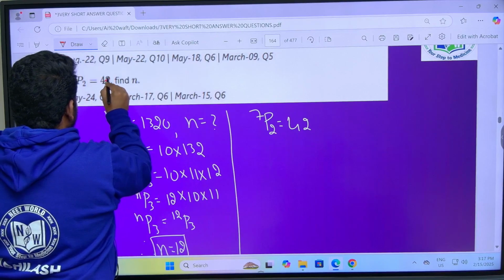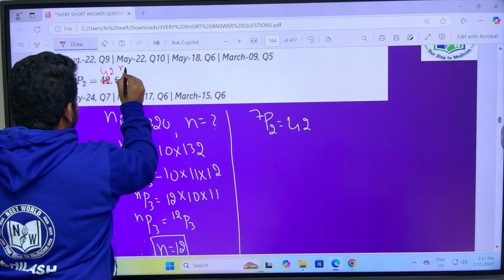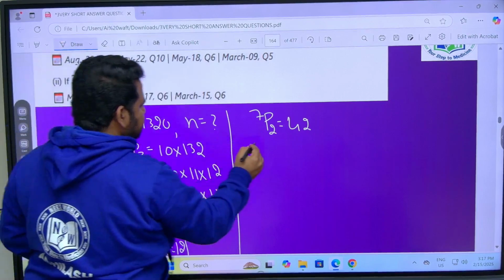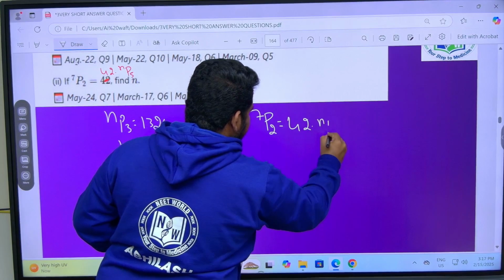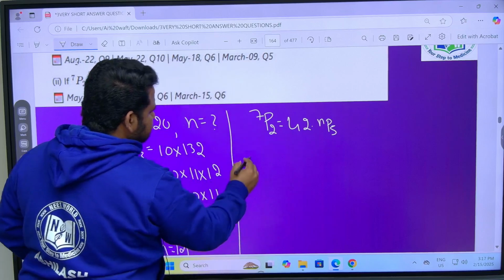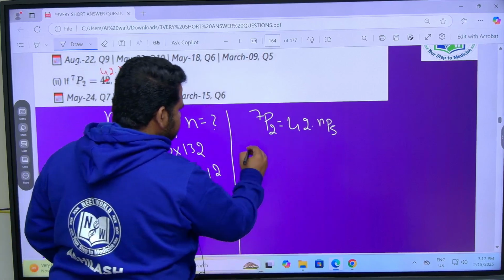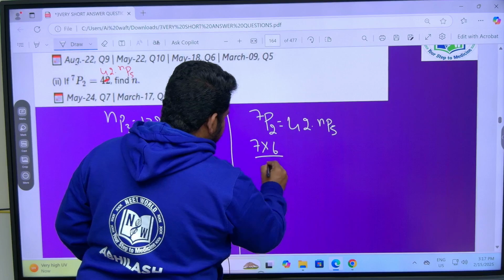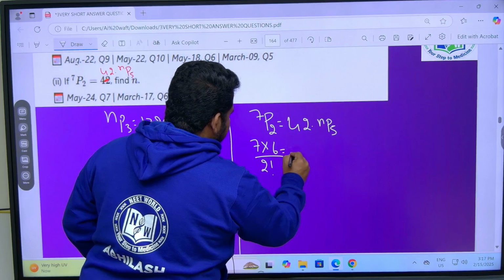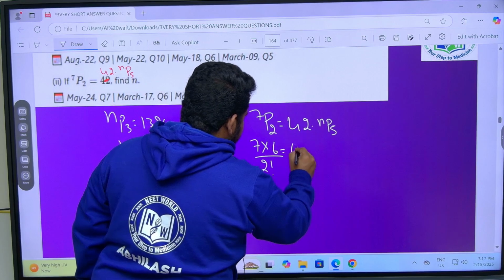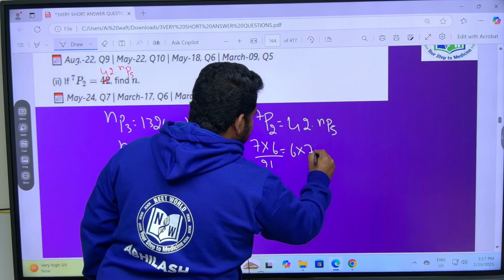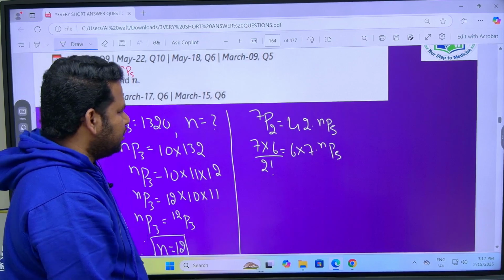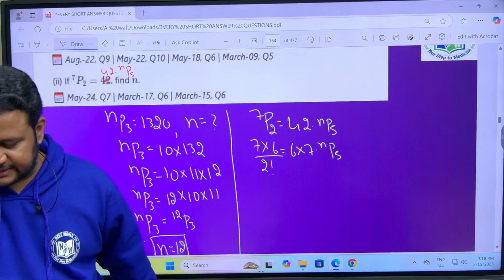I can write 7P2 as 7 into 6 by 2 factorial, and 42 can be written as 6 into 7. Okay, what can I cancel here, friends? Just tell me what I can cancel.